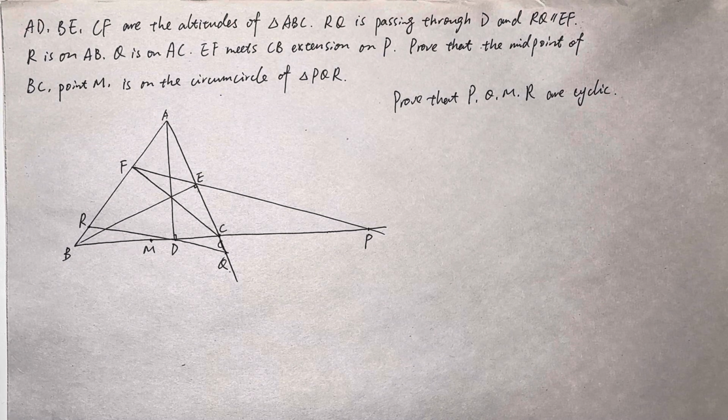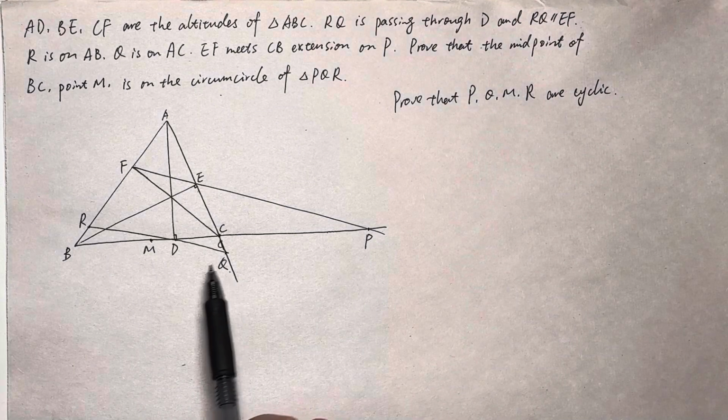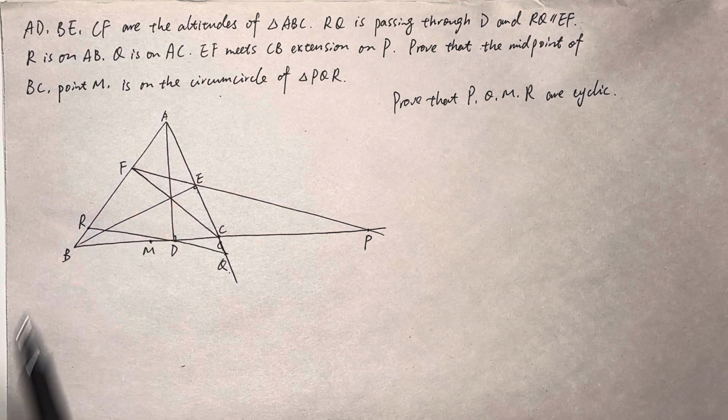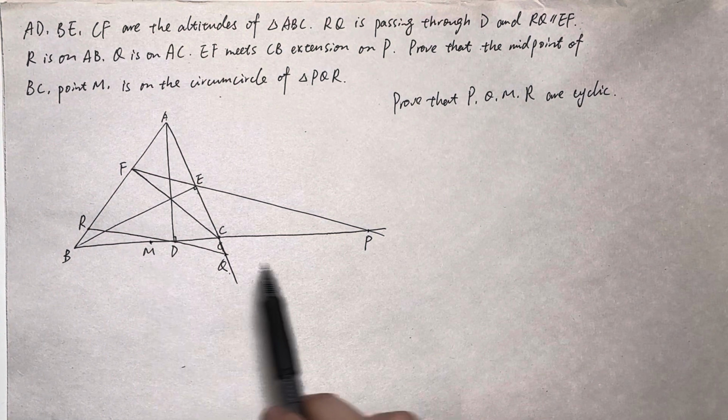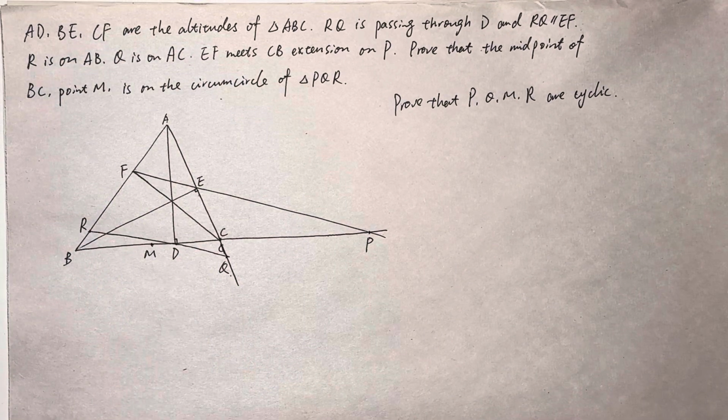And then the fourth way is the power of a point. If you look at this figure, we want to prove that P, Q, M are cyclic. And we know that MP and RQ meet at point D, right?